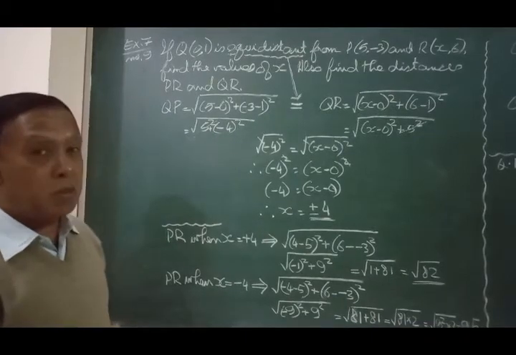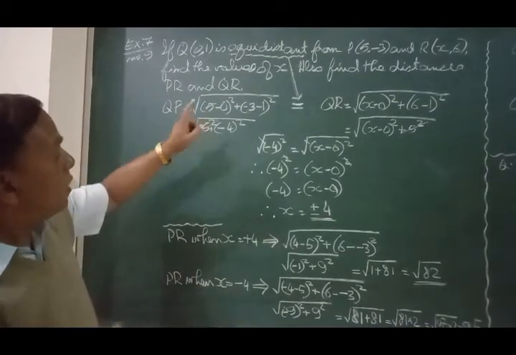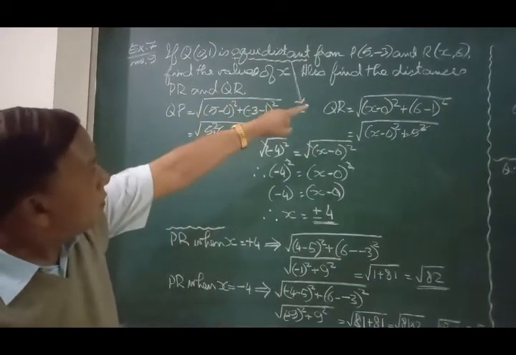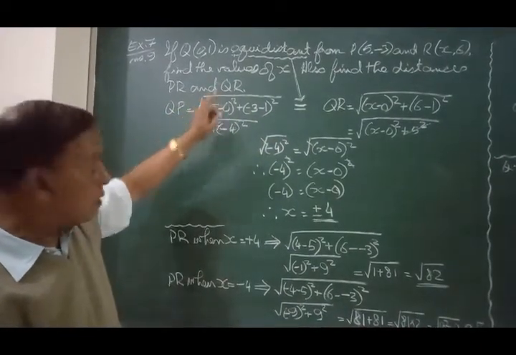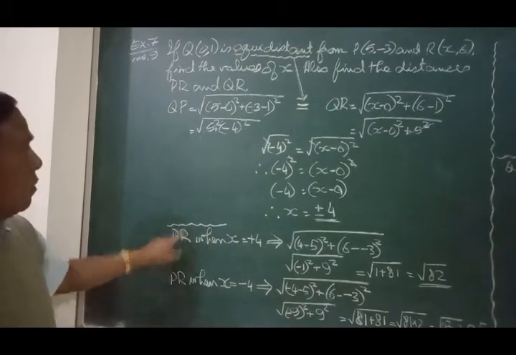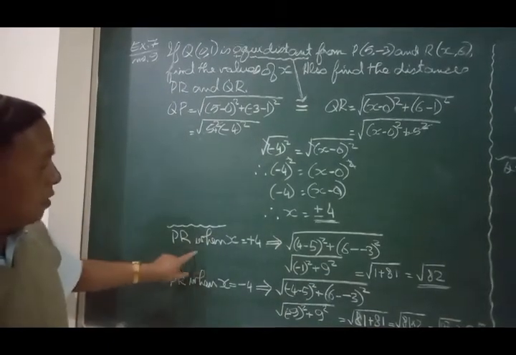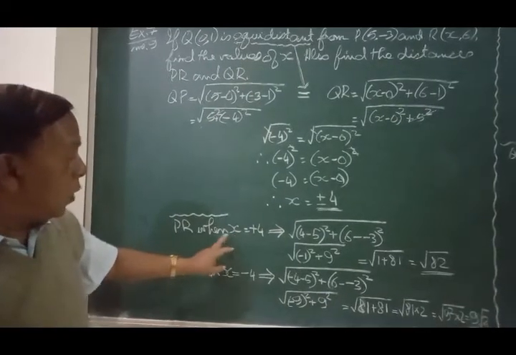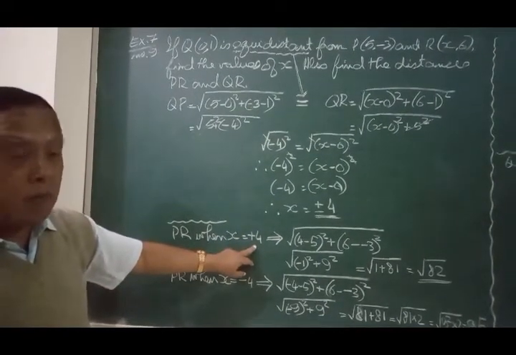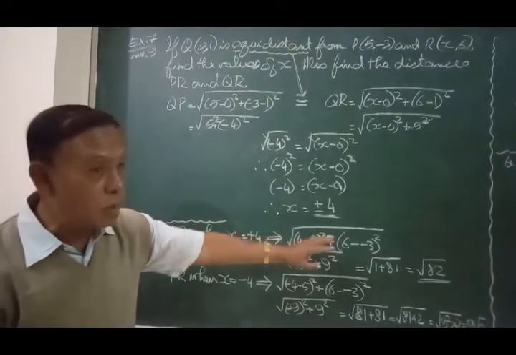And what's the question? The question is, find the distance between these two, PR and QR. Now PR, we try first PR. X can be +4 or -4, and therefore we begin when x is equal to +4. Again we apply the distance formula.